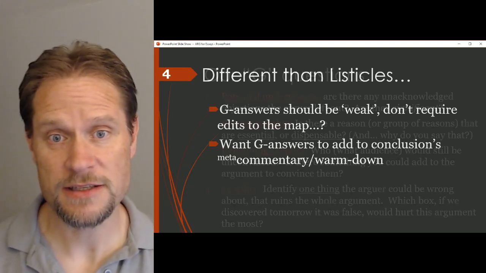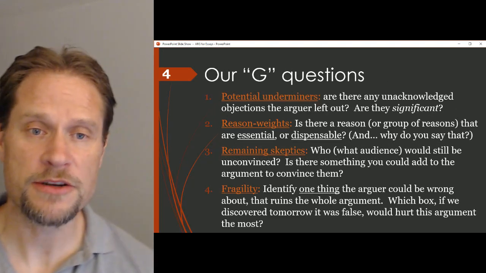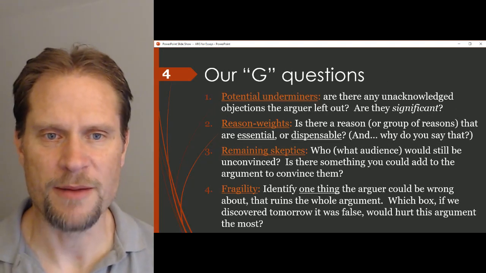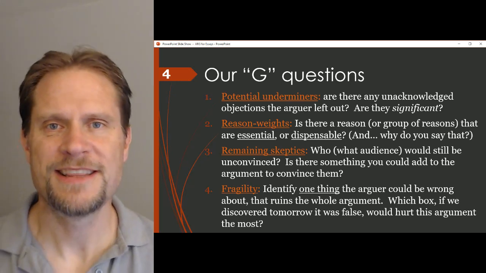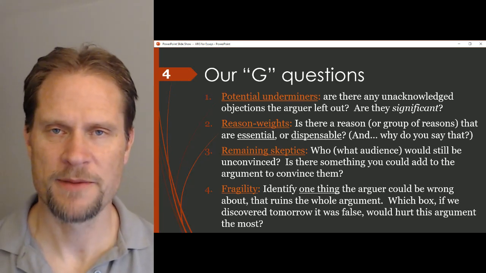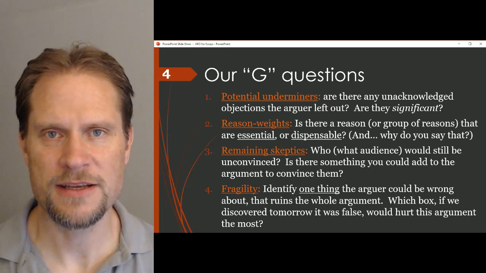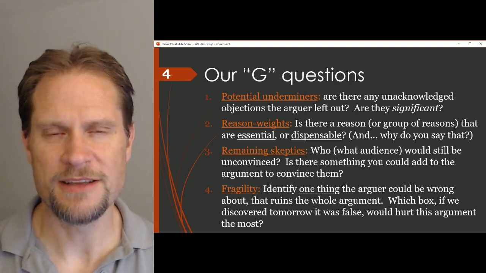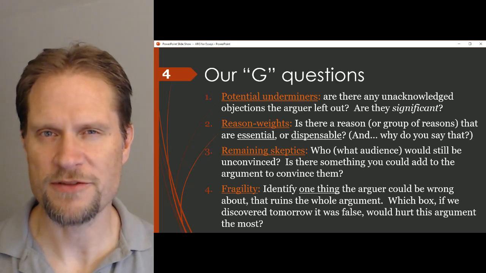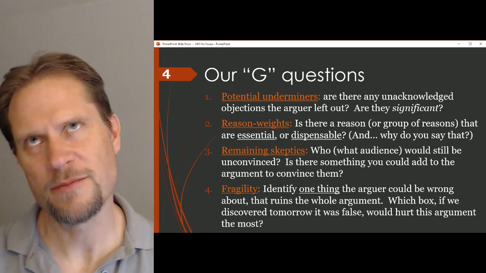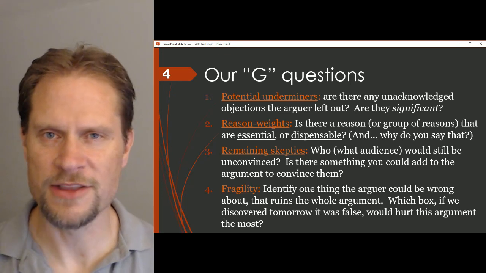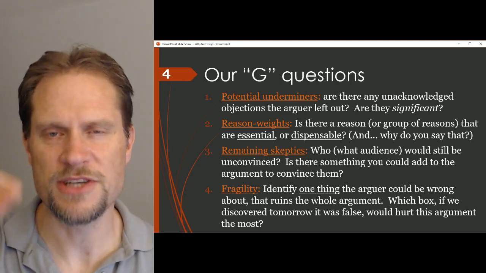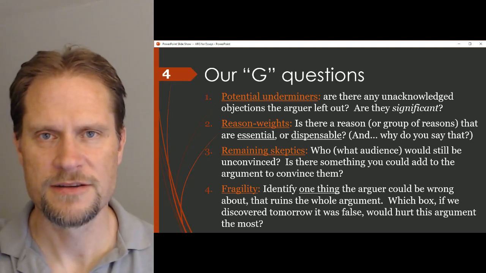So for instance, if we're talking about the potential underminers question, you should always be able to think up some objection that didn't quite make it into the map. But for your essay map, that objection probably is not anything we really have to worry about. Okay, somebody could object that X, this claim that's in my map right here, somebody could object that's not true because something.